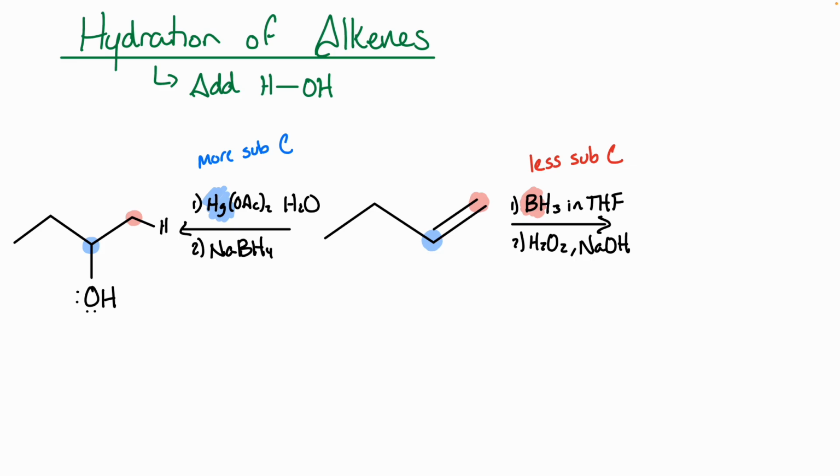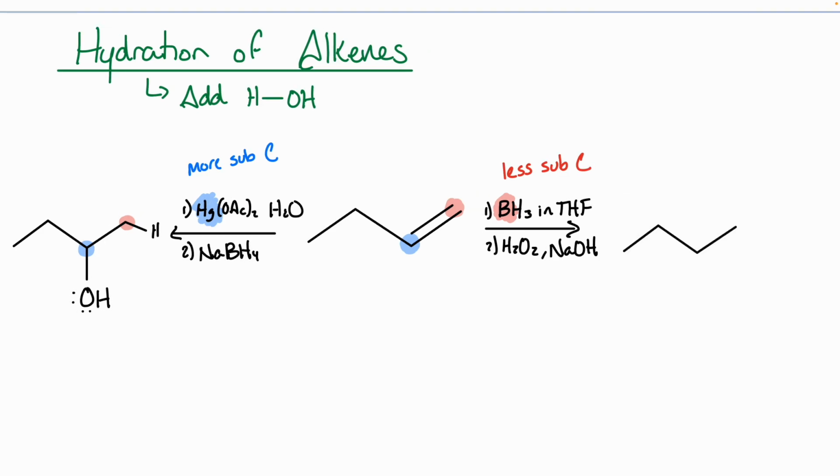The hydrogen gets added to the other. But when we use that fancy BH3, we get the OH group placed on the less substituted carbon, and my hydrogen goes on the other side.